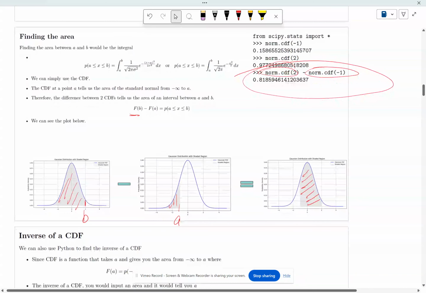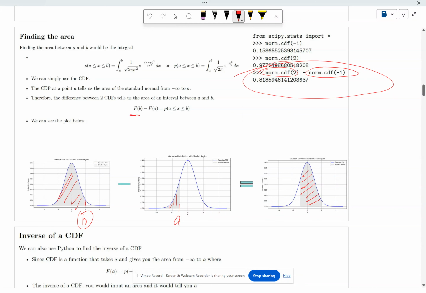Now, CDF, like I said, if you plug in a value B, it will give you the area. You can also do the inverse of a CDF. So f of x is the CDF, but if you have an inverse, f inverse of x, that means something else. What you put in is a percentage, 0.95.